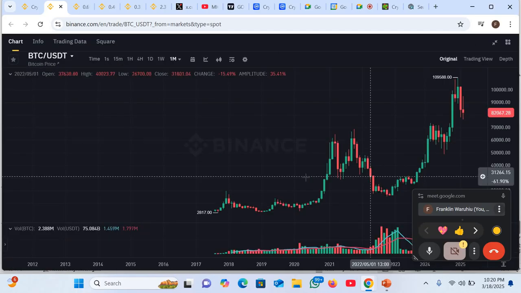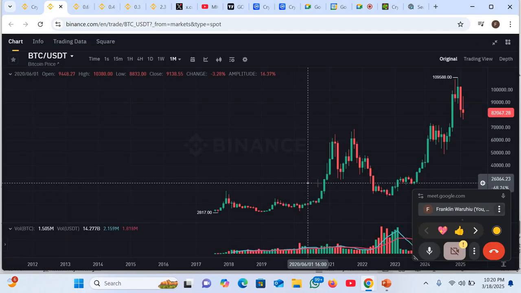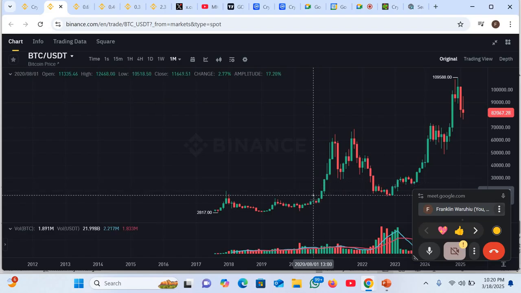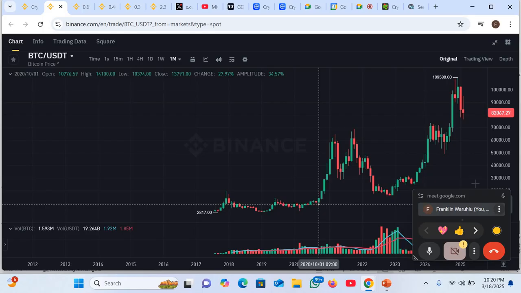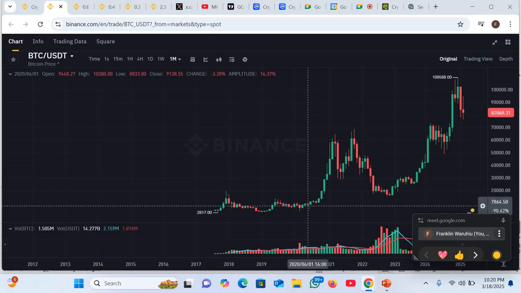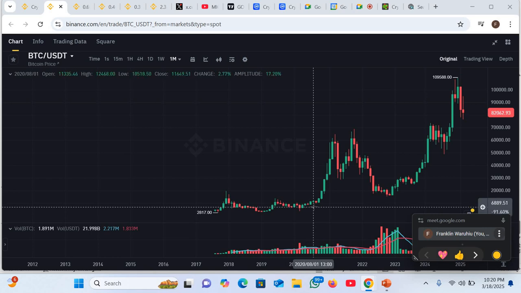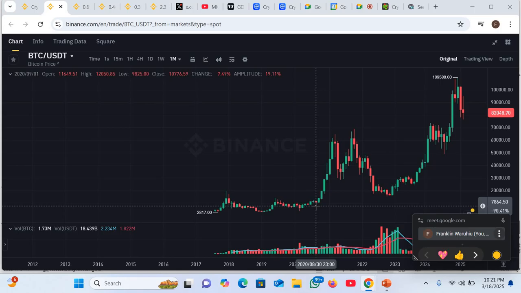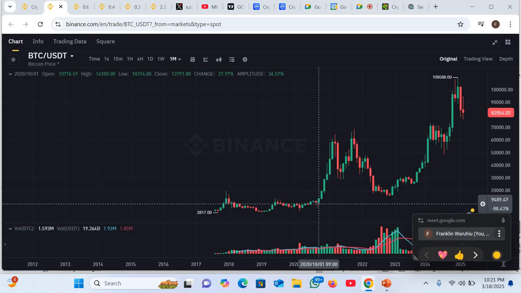You can clearly see in 2020, just before Bitcoin pumped in 2021, Bitcoin was going at a price of around 9,000.